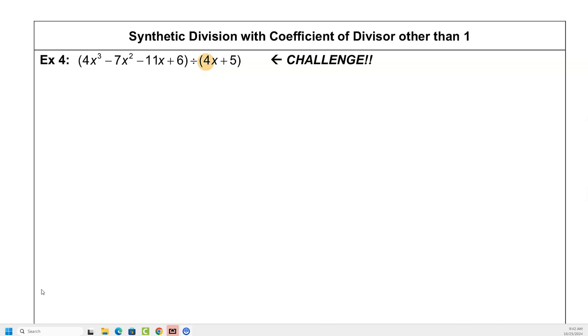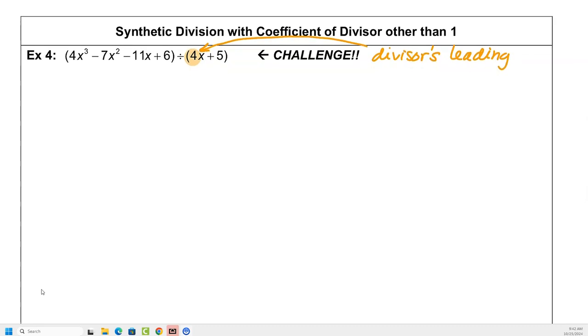So let's write a little note here. The divisor's leading coefficient must be 1.